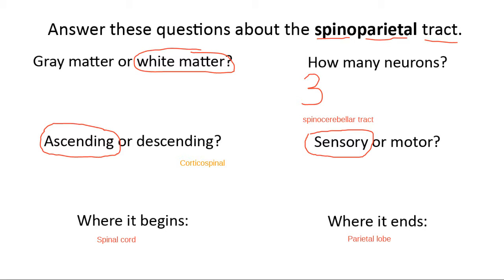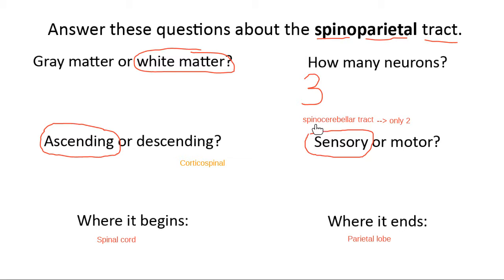That one was different because that had how many? How many neurons were in that particular tract? Yeah, that one only had 2. But remember how we said that this is kind of the exception that proves the rule? Everybody else that is an ascending tract is going to have 3 neurons.